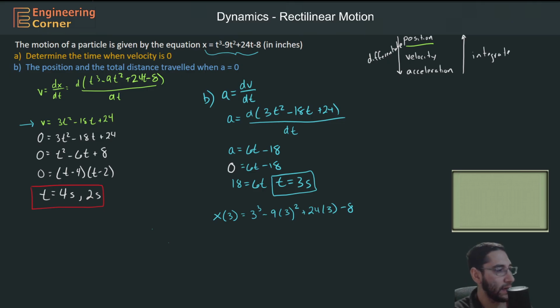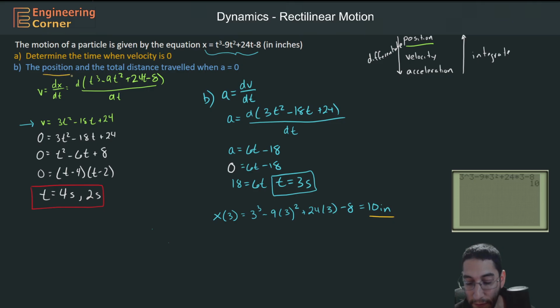So let's do that. 3 cubed minus 9 times 3 squared plus 24 times 3 minus 8. And we get a position of 10 inches. So we need to keep track of this 10 inches, but that is the position when a is equal to 0.